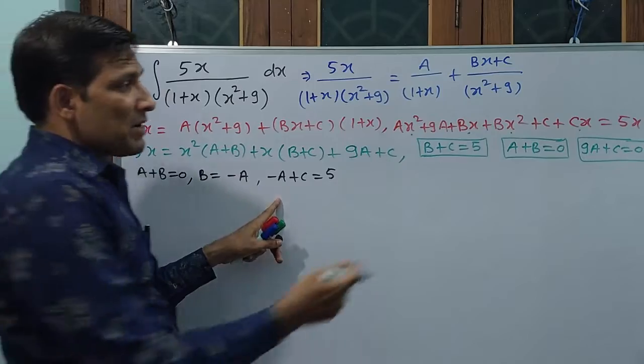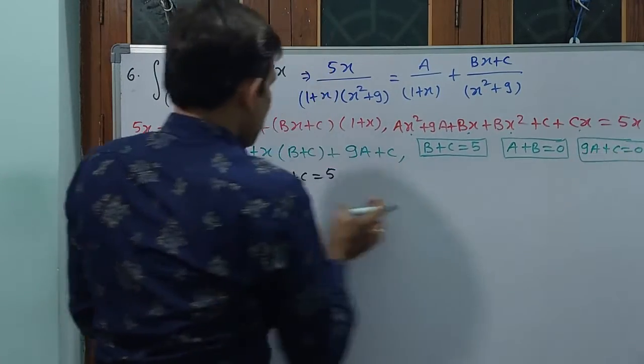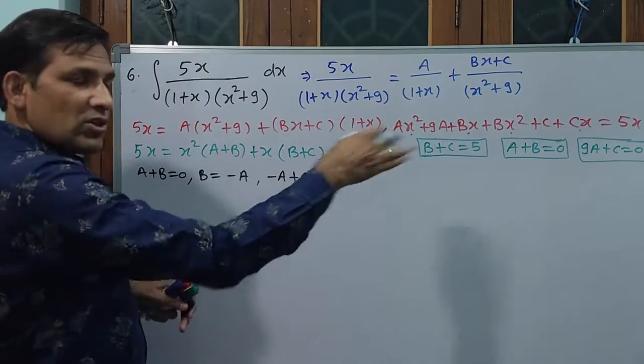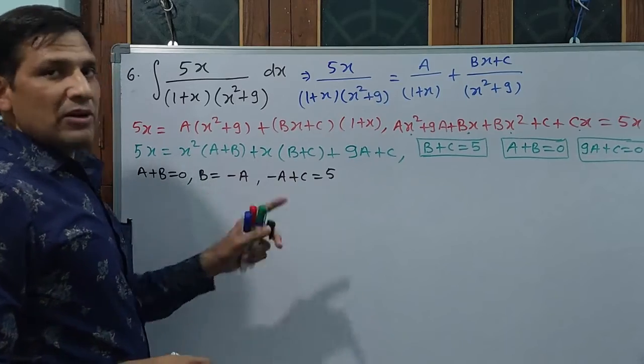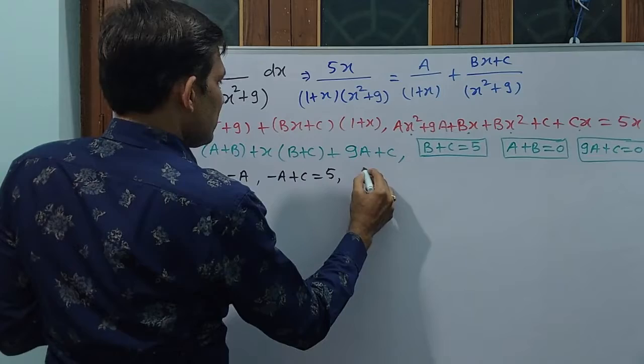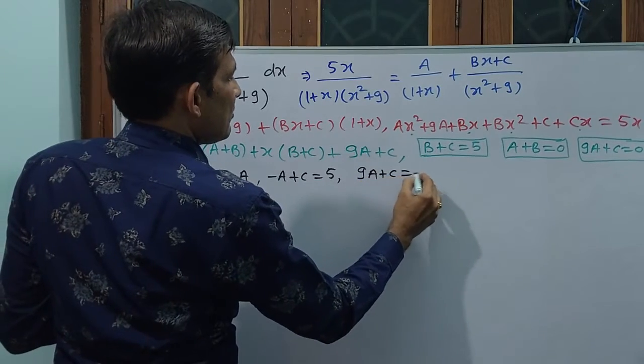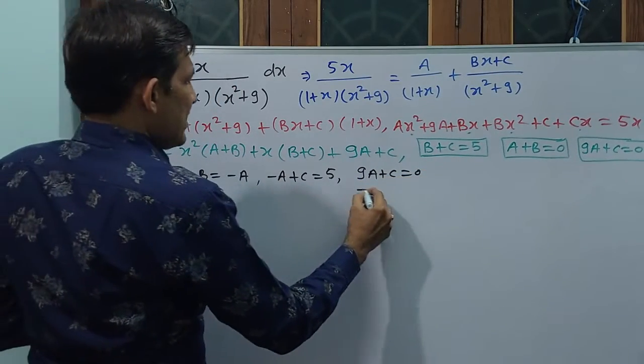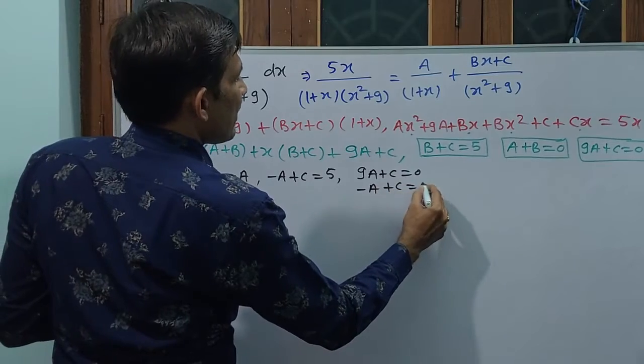Why have I written like this? Because here 9a plus c is there, so a and c are in both. Then you can solve both and you will get one value, a or c. Write down: 9a plus c is equal to 0 and minus a plus c is equal to 5.